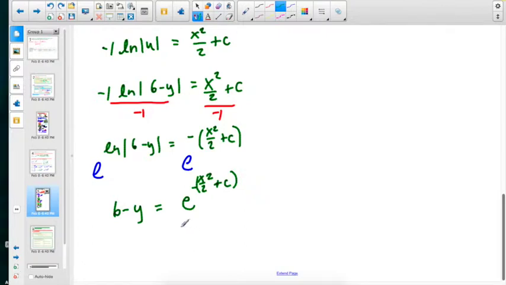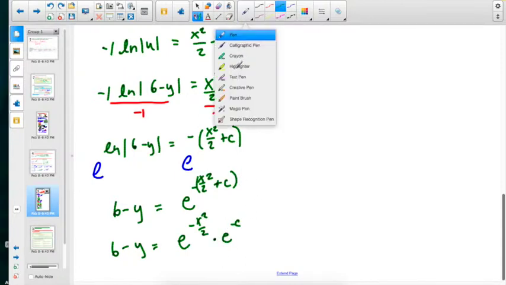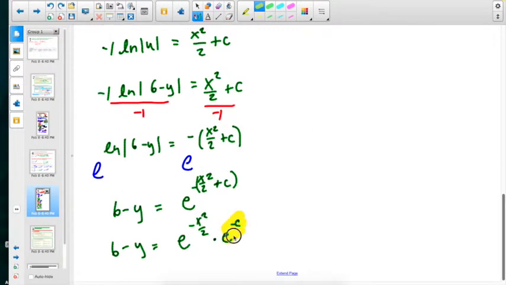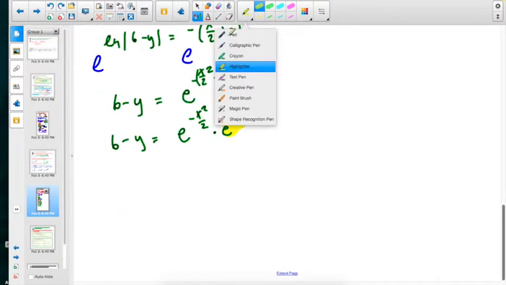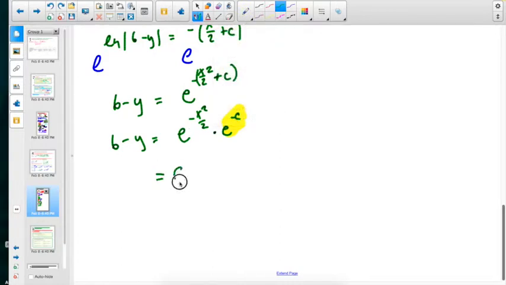And so now I'm going to leave this 6 minus y over here, and I'm going to rewrite this as e to the minus x squared over 2 times e to the minus c, and again this whole e to the minus c thing is just a constant. So that's going to come out front, and it's going to end up being c times e to the minus x squared over 2, and this is 6 minus y.